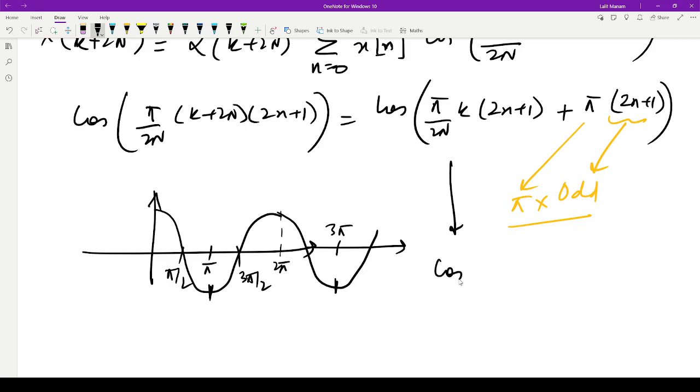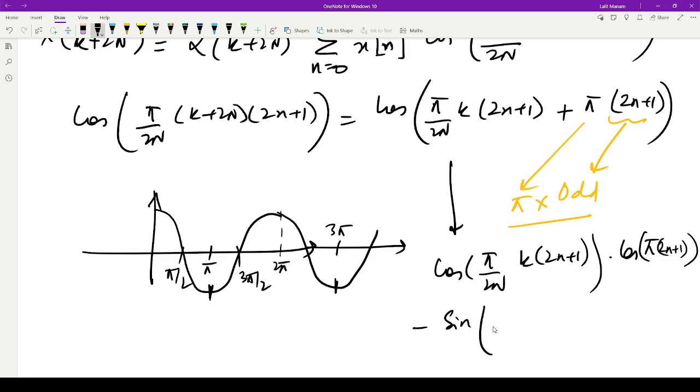So you can write it as cos of pi by 2N k times 2n plus 1, cos of this, which is always -1, minus sine of pi by 2N and k of 2n plus 1, which is fine, but sine of this is 0.